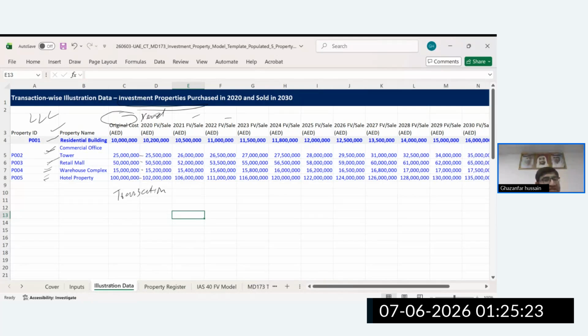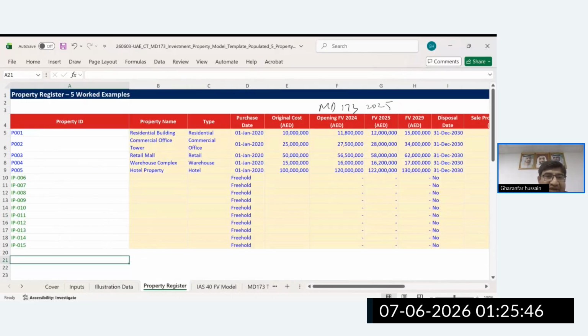We may start the scenario from 20 till 2030, and step by step we calculate the figures. This is the actual, this came up, and this is the calculation. This is the fair value, because the fair value comes from the valuation, so we assume that these are the fair values of each year. Okay, so now we come to the next tab, that is our property register.